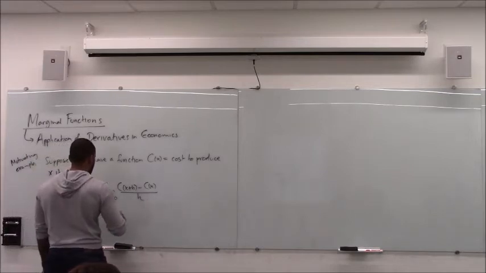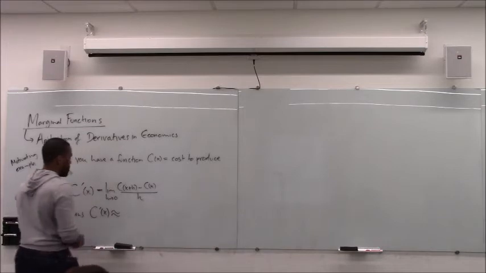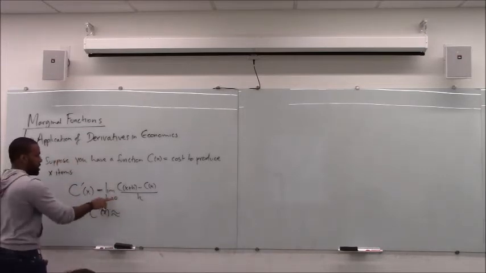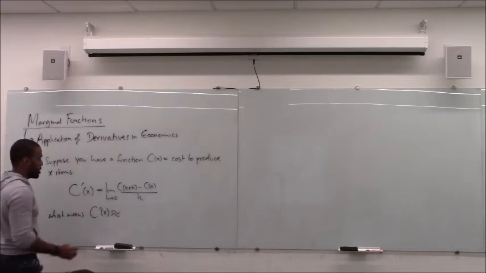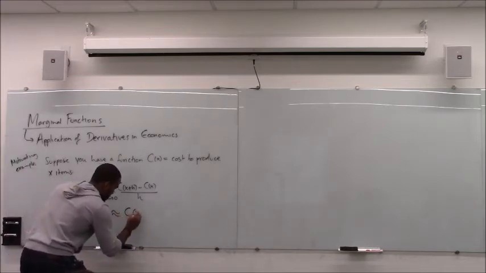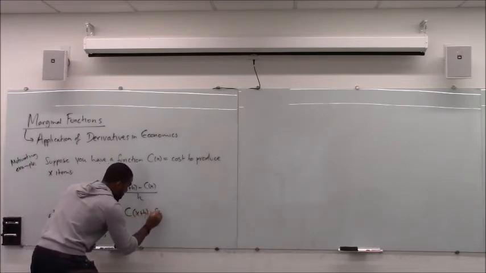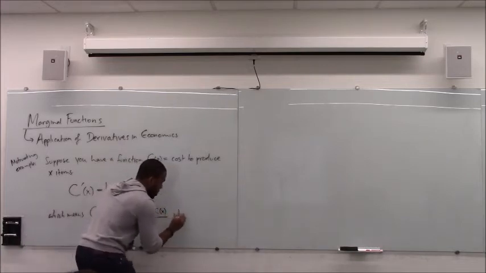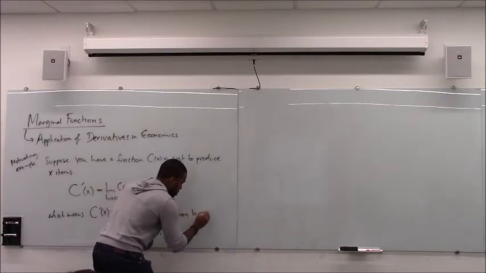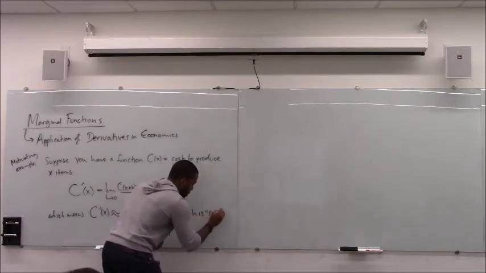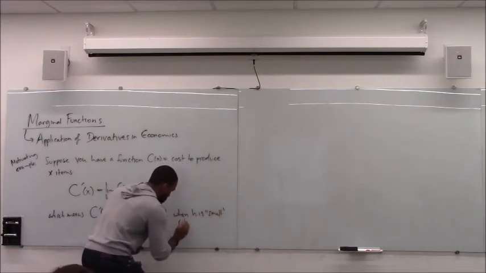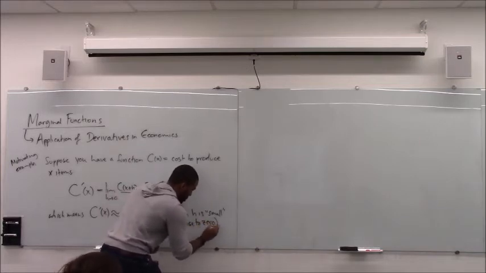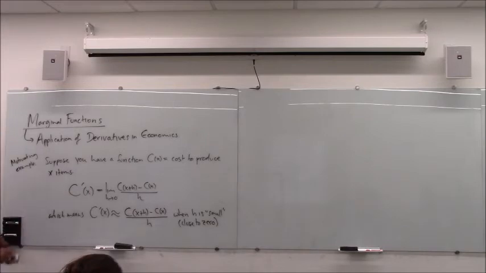One way you can look at this is that the closer h gets to 0, the closer the two sides get together. So you can think of c prime as approximately this ratio when h is small, as in close to 0. The closer it gets to 0, the better the approximation gets. That's kind of how we develop the derivative.